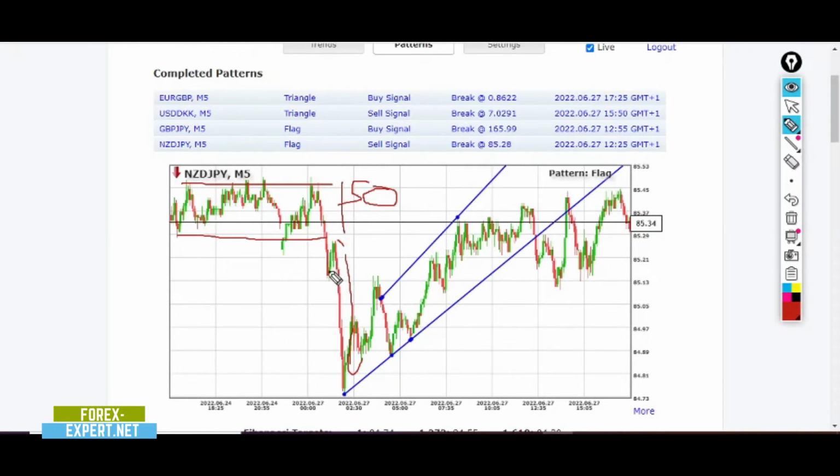If you use POC, you're going to see that a majority of traders' investments are here. You know why? Because the price is heading again back to this area between 85.29 and 80.50.